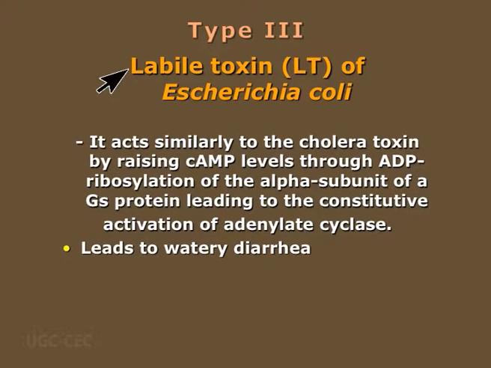The labile Escherichia coli toxin, unlike the heat stable toxin, has a similar activity to that of the cholera toxin, and it can create watery diarrhea.